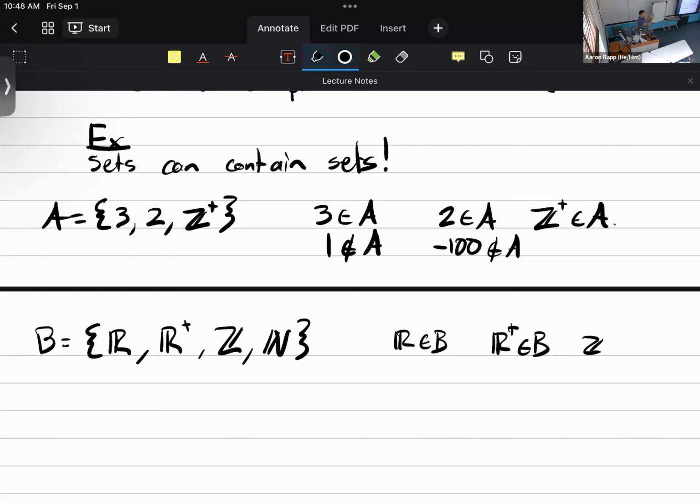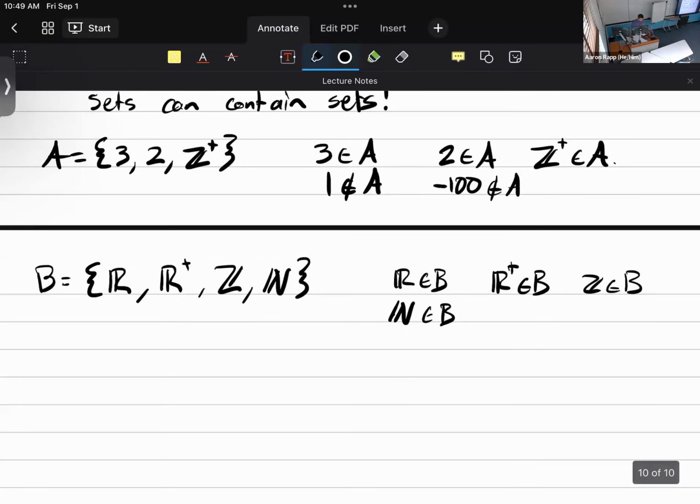I'm talking about the set itself. The set of positive real numbers is an element of this set. The set of integers. The set of natural numbers. I'm referring to the sets. I'm not referring to the elements of that set.